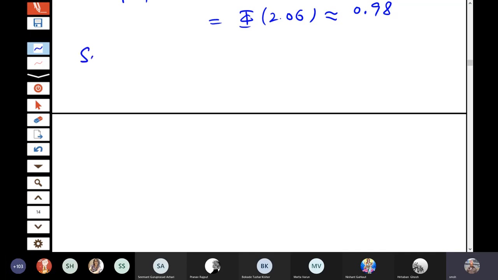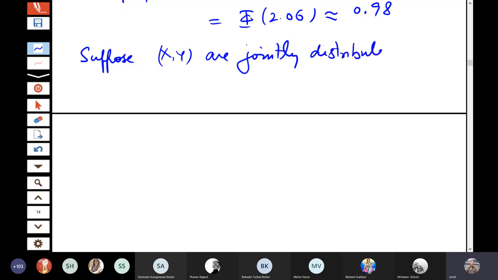Suppose x and y are jointly distributed, and I am considering the expectation of g(x, y). Then what I have to do? Either it is a summation or it is an integral. So suppose I consider the integral.